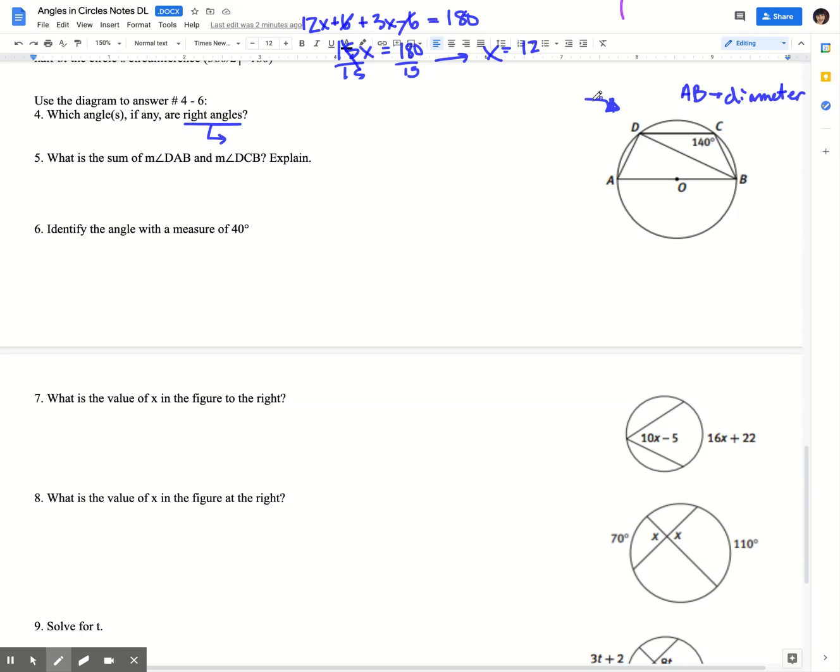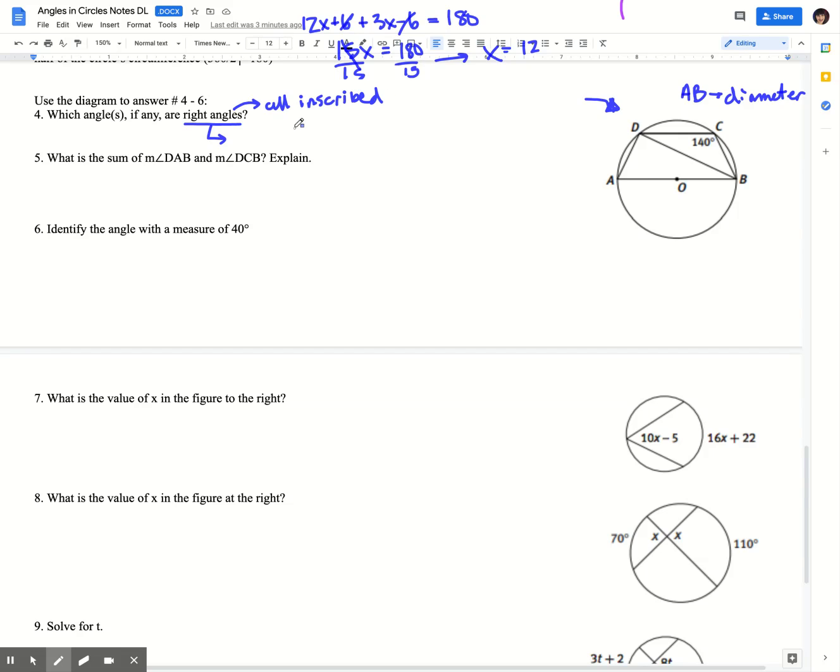And all of these angles that you see, angle A, angle B, angle C, and angle D, and even these parts, like see how angle D is split up into two different parts, angle ADB and angle BDC, there's two different ones there. But they're all inscribed angles. So these are all inscribed.